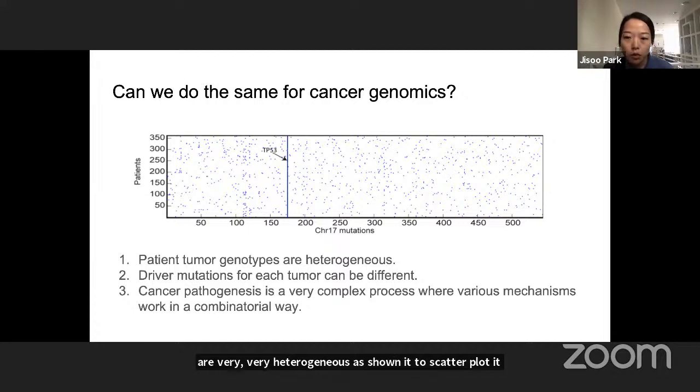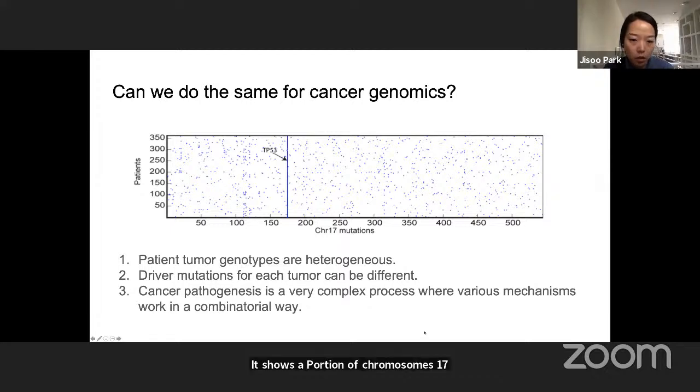It shows a portion of chromosome 17, which is on the x-axis, and then you can see the patients on the y-axis have mutations in different genes except TP53. TP53 is shared by so many patients, and that fact makes TP53 a bad pattern to stratify the patient tumors.